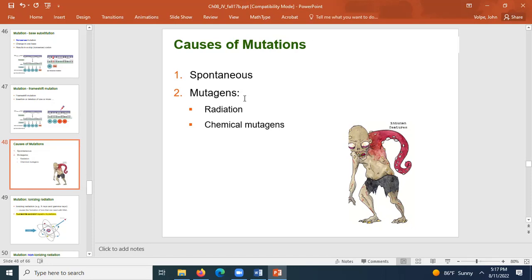It's about 1 in 10 to the million genes is a spontaneous mutation. So if you're looking at 1,000,000 genes, like in a population of 1,000,000 people, on average, you'd find one spontaneous mutation in that one gene. Of course, humans have more than one gene.